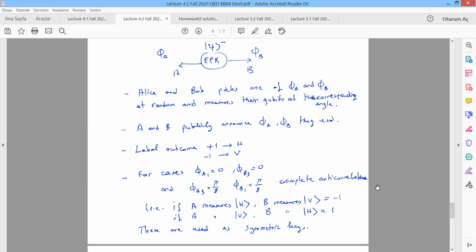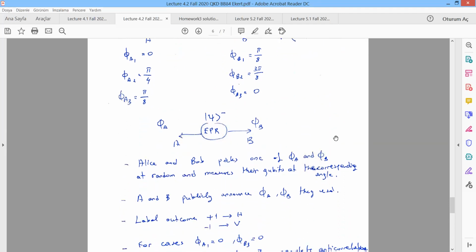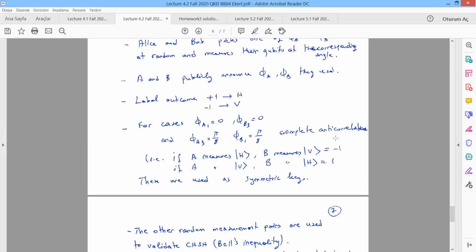And for the other measurements, if it turns out that Alice and Bob measured at these other angles, then they use this as proof that there has not been any eavesdropping.